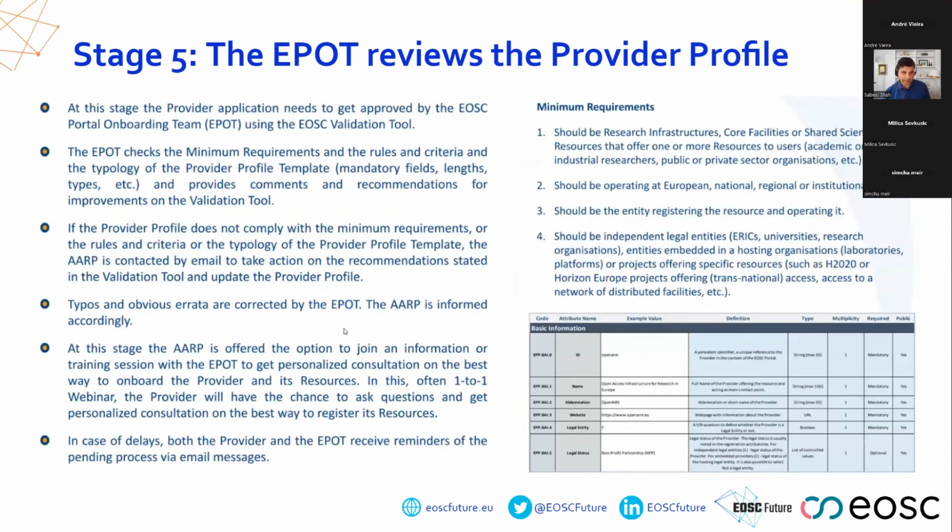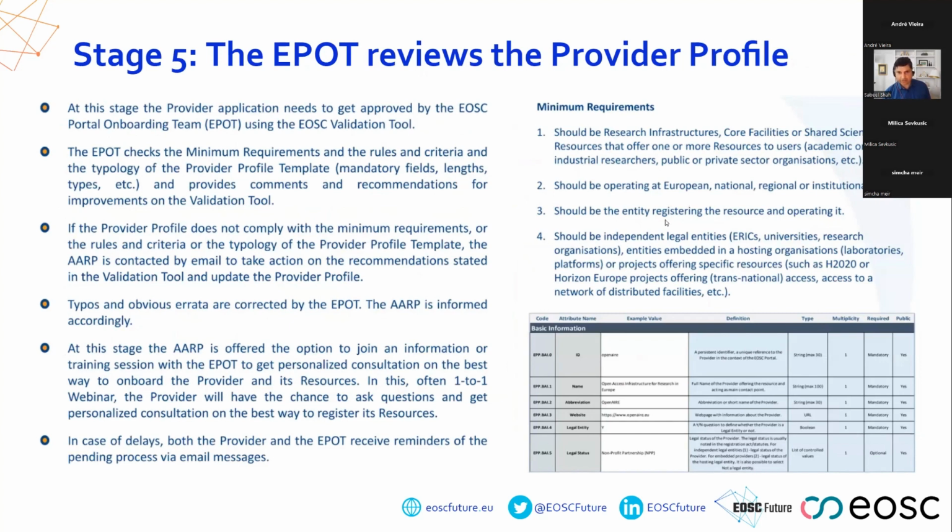So next is the review of this application. The EOSC Portal team reviews this application against certain requirements, which Melissa has mentioned earlier: it needs to be a legal entity, which can be a research infrastructure, core facilities, or shared scientific resource. It should be operating at European, national, regional, or institutional level.